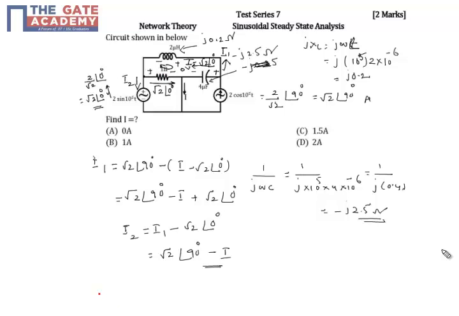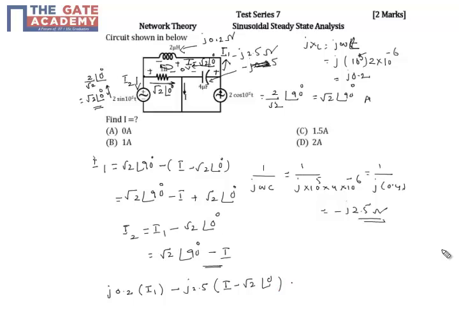If I write KVL here, the voltage across the inductor, which is positive, is j 0.2 into the current I1, already known, minus, because this is minus, j 2.5 into the current I minus root 2 at an angle of 0.